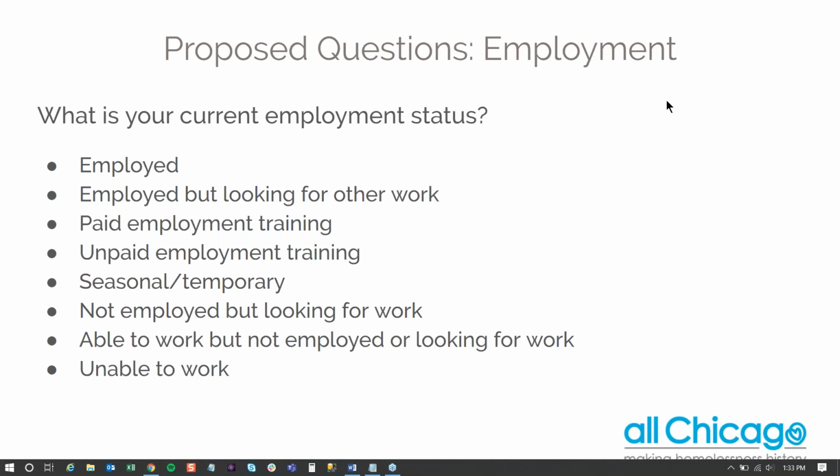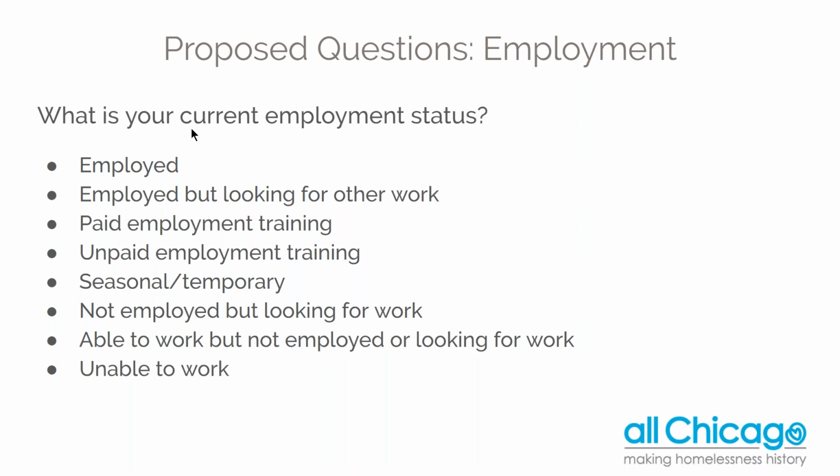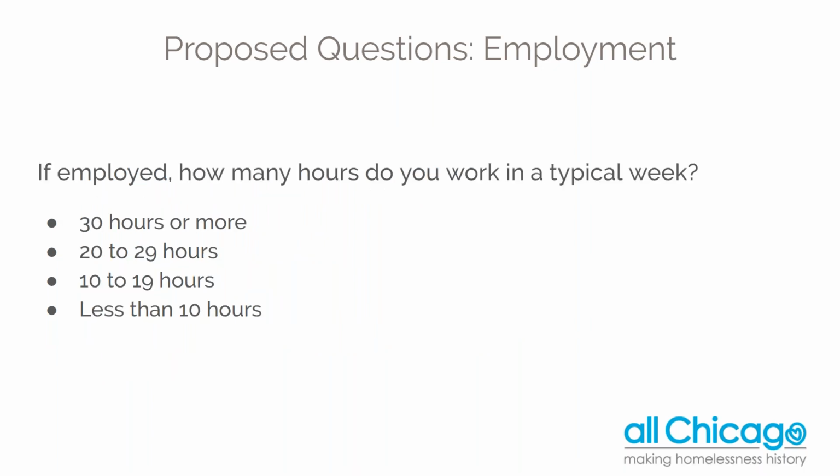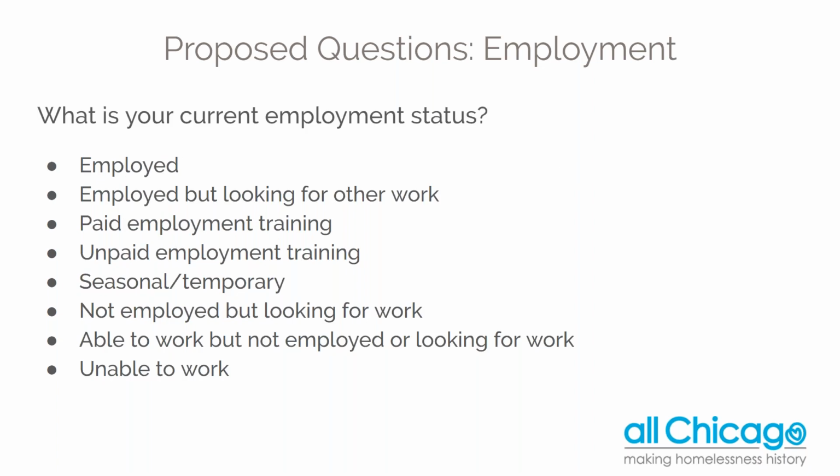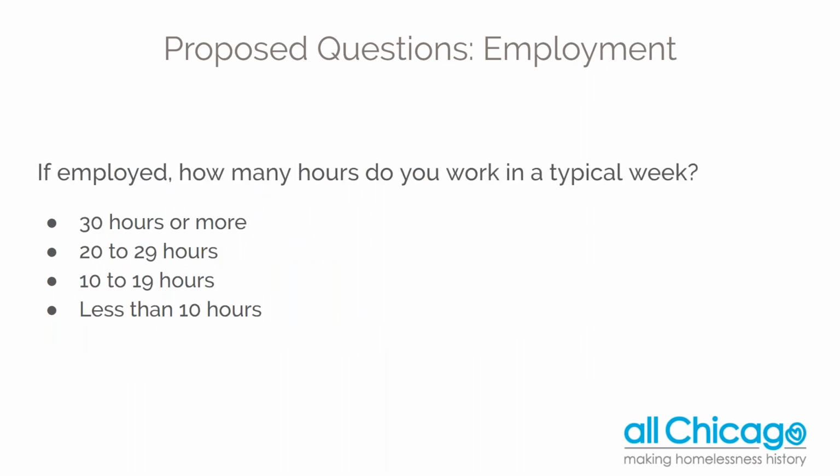For employment status, again, we are looking to take it past just, does this client have earned income? We want to find out whether they're employed, looking for work, paid employment training, etc. And note that this question actually changed a bit. This is an old version of the question. We'll be previewing what the new versions of these questions are.